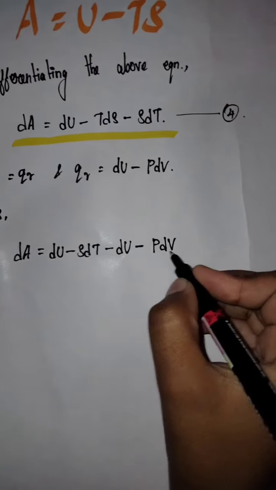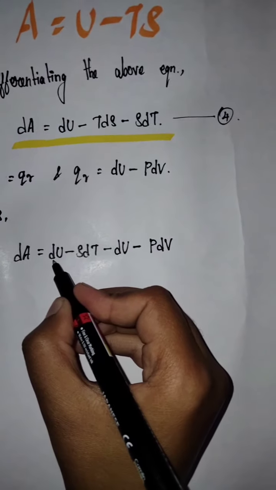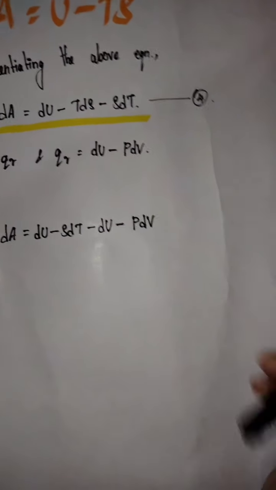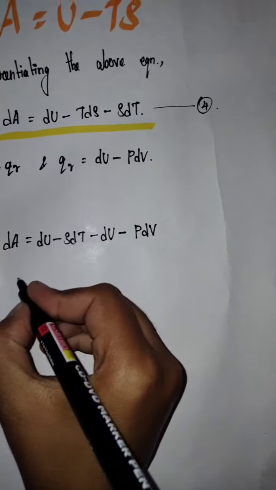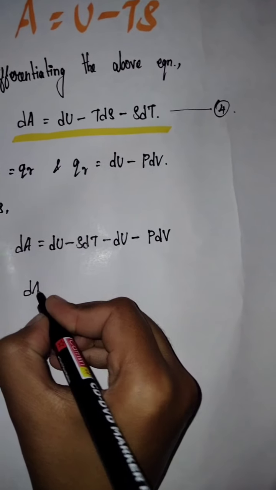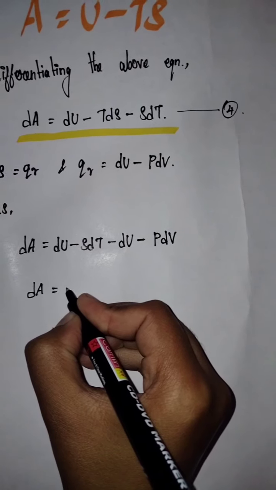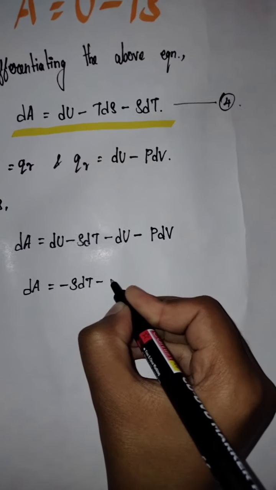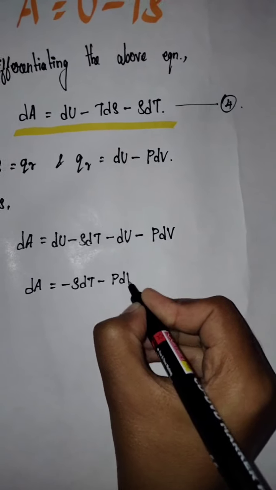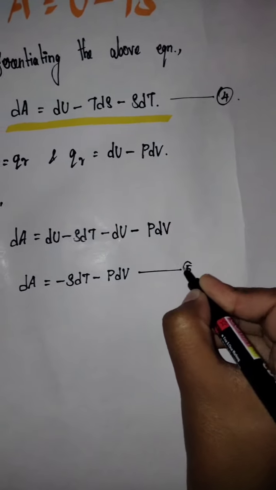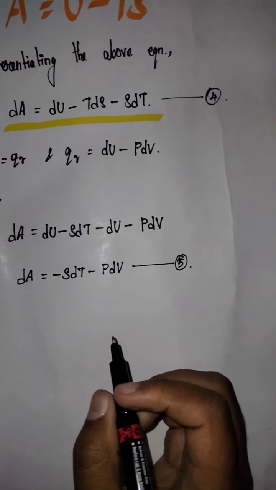Now we can cancel plus dU and minus dU. While cancelling this, we get dA is equal to minus S dT minus PdV. Take this as equation 5, and this is the final equation.